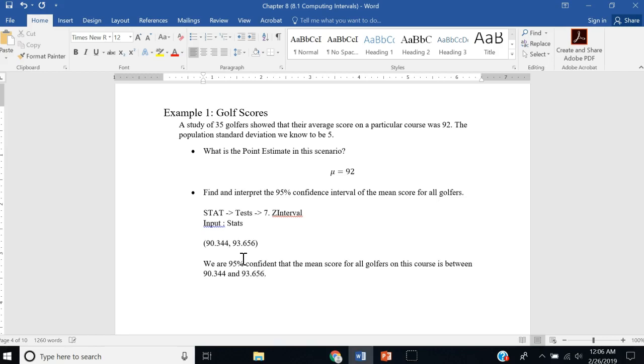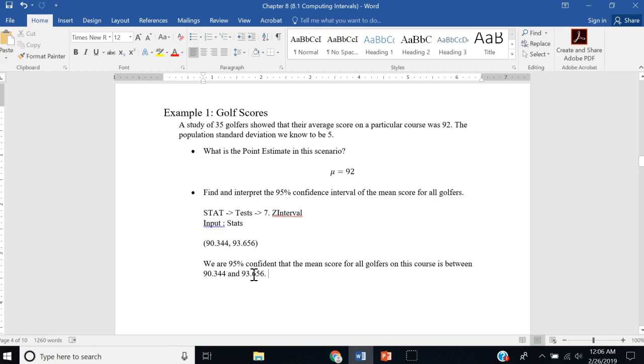Now, a couple of things to put into perspective. What does that mean? That means the average for everyone should be between there. Notice that this is the average for everyone. It's not saying everybody scores between those two, but rather that the average will be located somewhere between there.